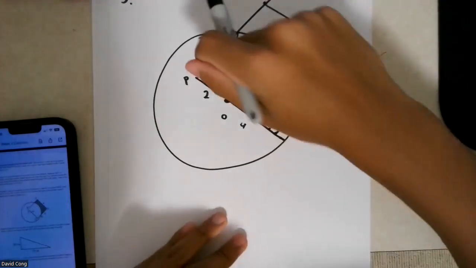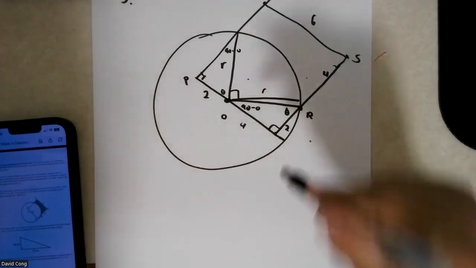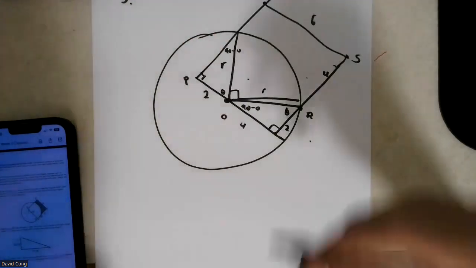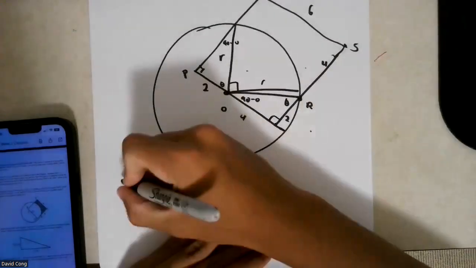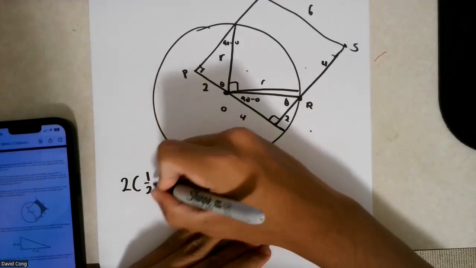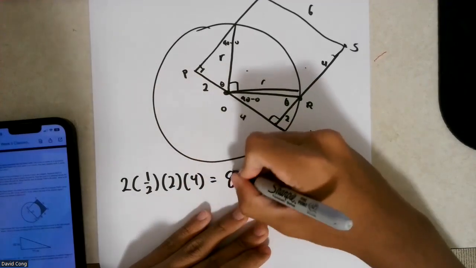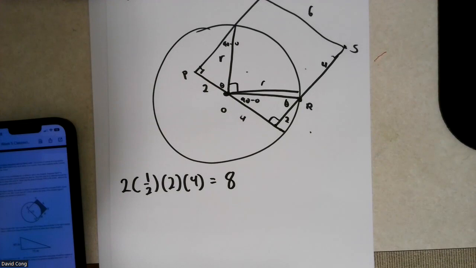So what is the area of these 2 congruent triangles? And we know they're congruent by hypotenuse length. These are right triangles. Well, let's start off with the area of 2. So we have 2 of these, and the area of one of them is 1/2 base times height, which is equal to 8. Okay? Now we have that. Now let's find the area of this quarter of a circle.